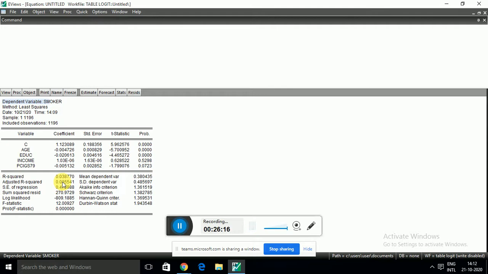Are you getting my point? So one of the biggest problems with the linear probability model is that it tells you the probability is linear. It is going to impact, irrespective of age, the behavioral change or the pattern of whether any person is going to quit smoking or not.